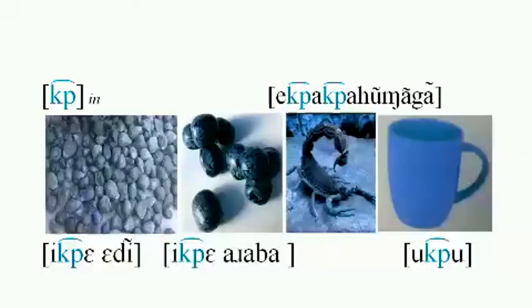The consonant P in a Papahuana, that is scorpion. Then you have Ikped, like you also have Ifaba, and then it is present in Uku.